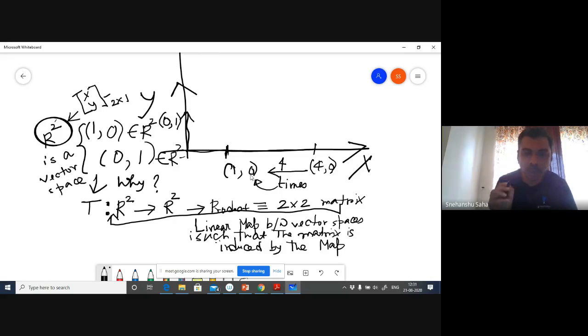Okay, so whenever I talk about a matrix, remember this, what I imply is a matrix induced by a linear map or a linear transformation. That's where matrices come from.